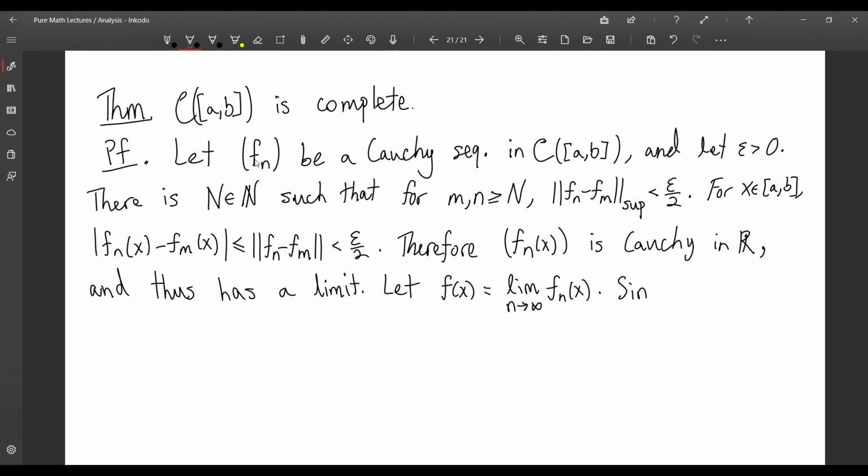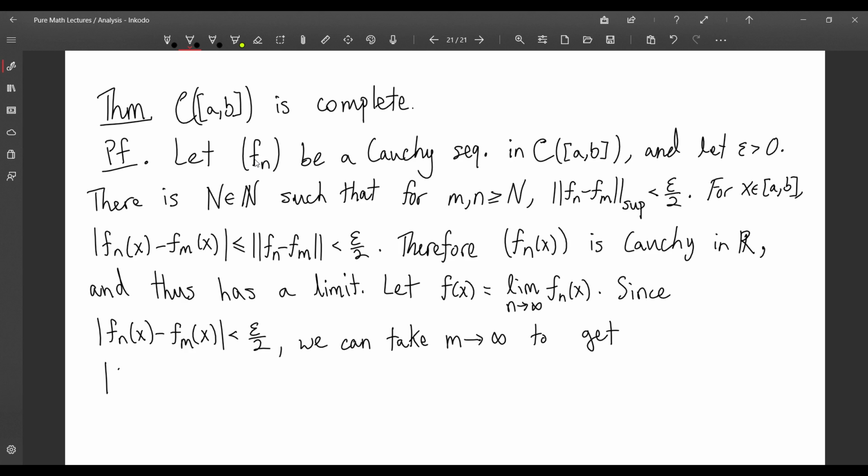Now since f sub n of x minus f sub m of x is less than epsilon over 2, we can take m to infinity while leaving n fixed to get f sub n of x minus f of x is less than or equal to epsilon over 2, right?